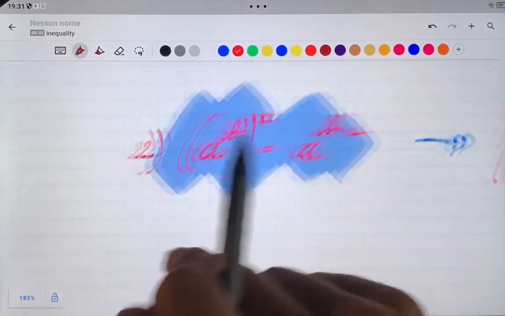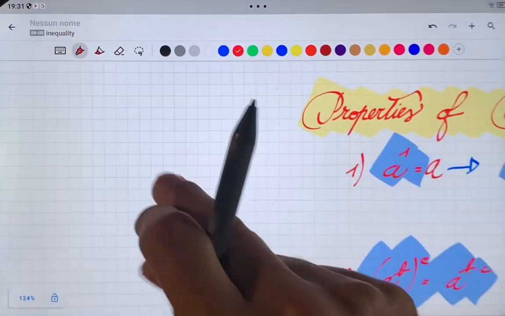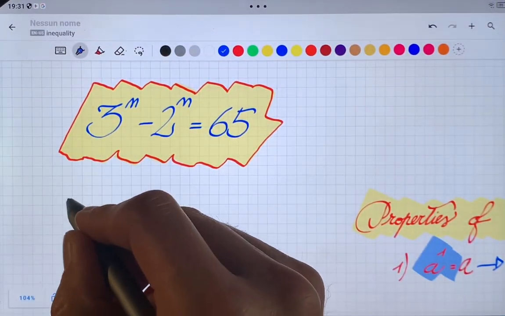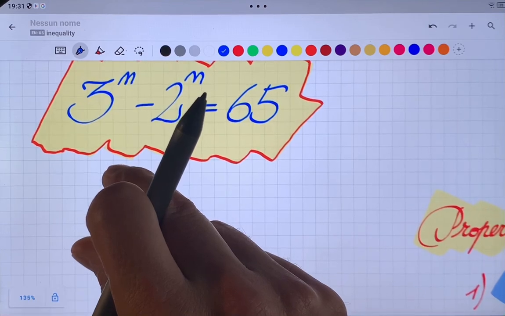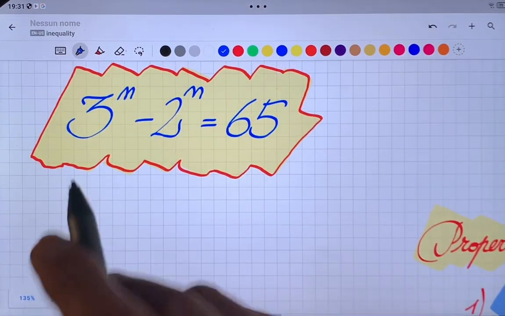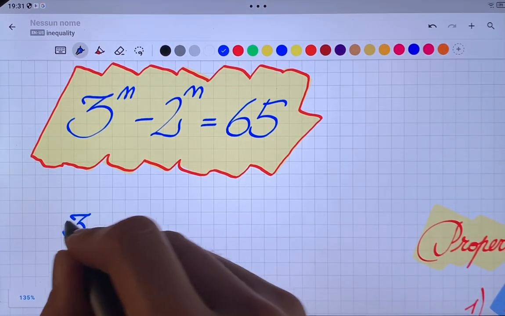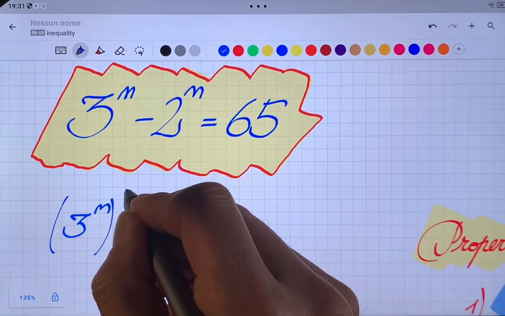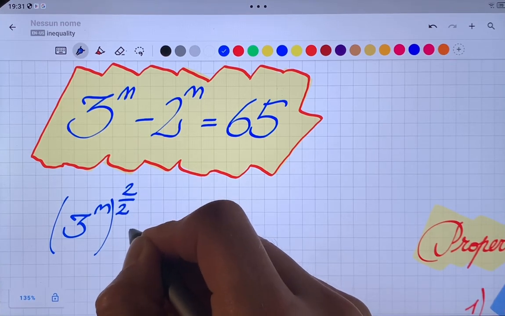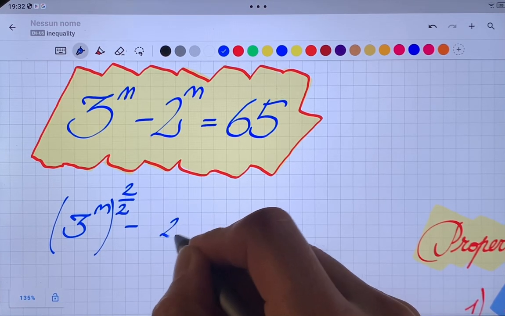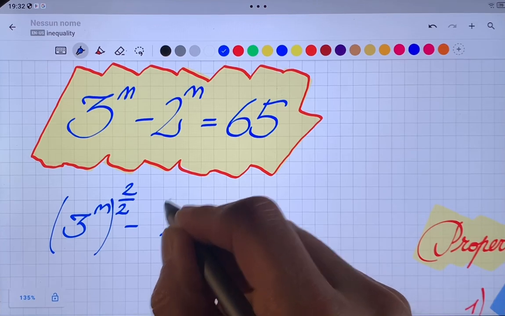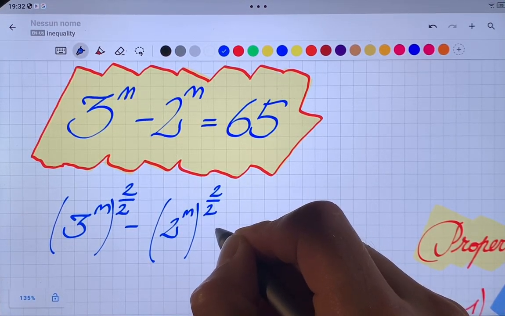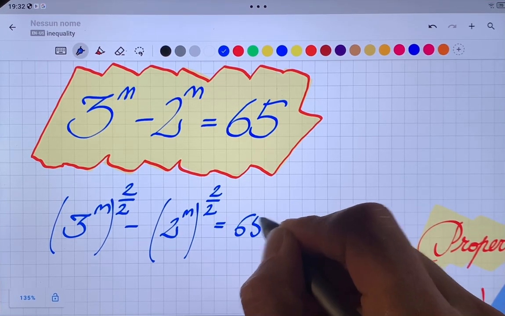So let's apply those two properties to our equation. Now we have 3 to the power of n to the power of 2 over 2 minus 2 to the power of n to the power of 2 over 2, that's equal to 65.